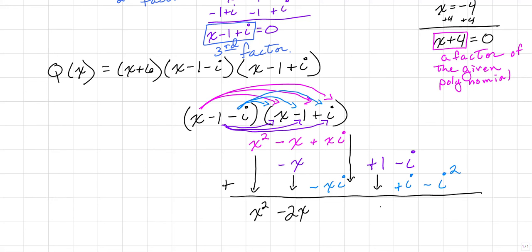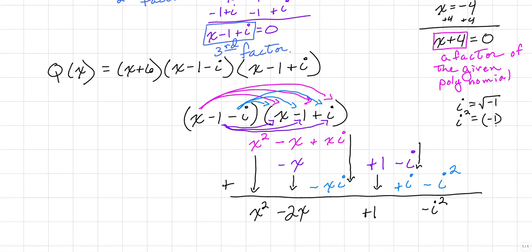Then we'll have this plus 1. Once again, in this column, that's going to go to 0, so I don't have to worry about it. And then I have this minus i squared. But remember that i is equal to the square root of negative 1. Therefore, i squared is equal to negative 1.